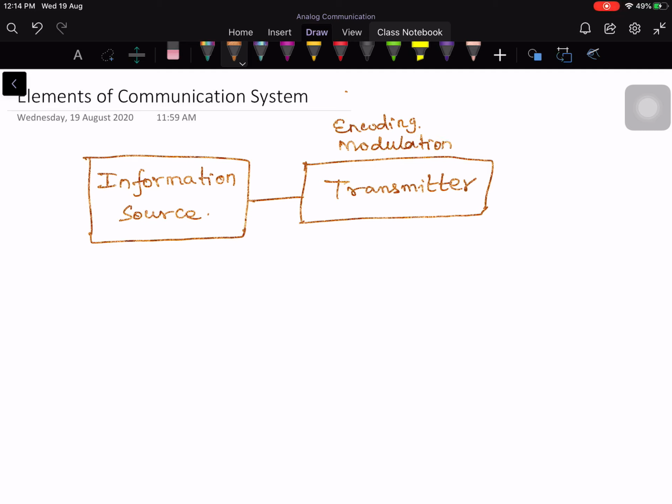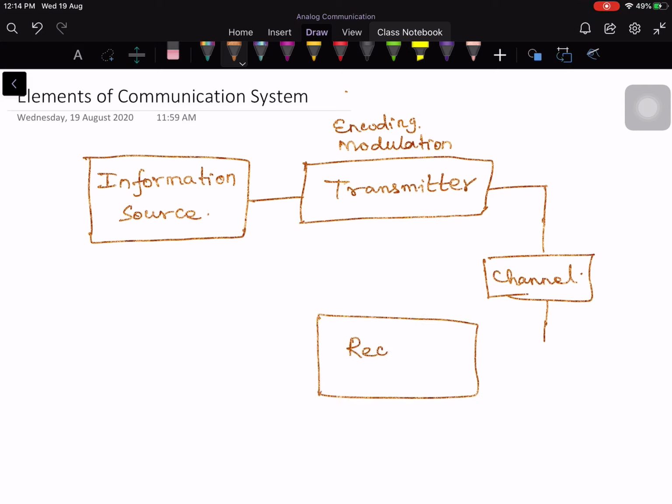Some kind of distortion is also added, and then you put this into the channel. There are many different types of channels that we will see one by one. Then you have another block called the receiver, and after that the destination.